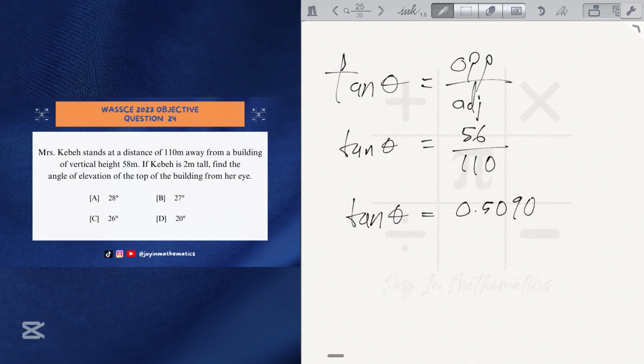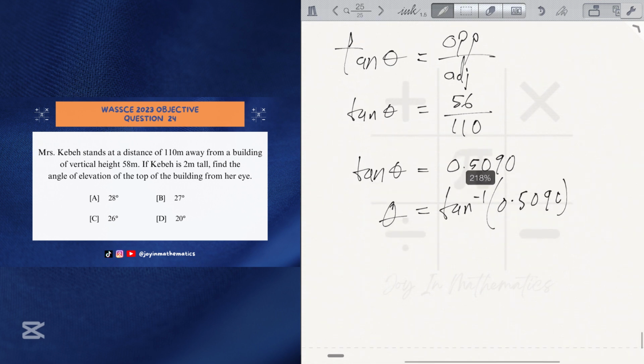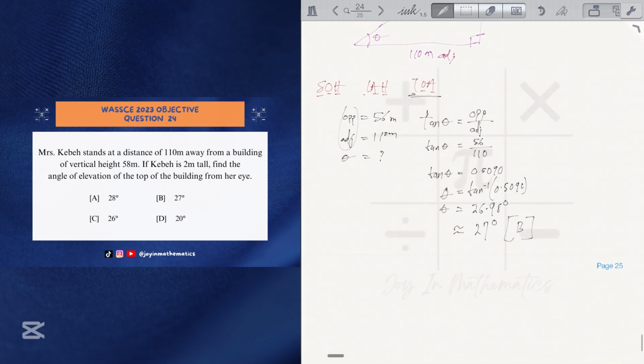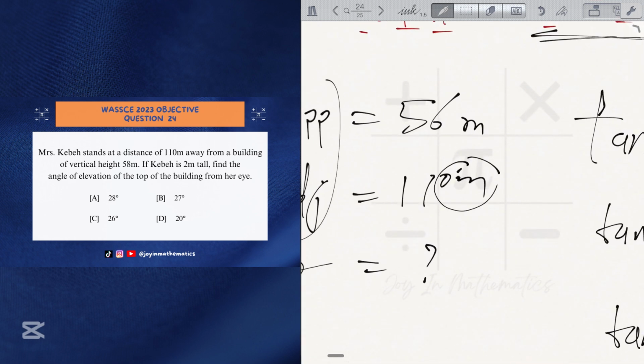Then we apply the principle of inverse tan, that's inverse tan of 0.5090, and this is equal to 26.98 degrees. Now if we look at the options, what is close to this? That means we have to approximate this to 27 degrees, which is equivalent to option B. So remember, all we have to do is depict the question in a diagram, and from the diagram we will know what to pick.